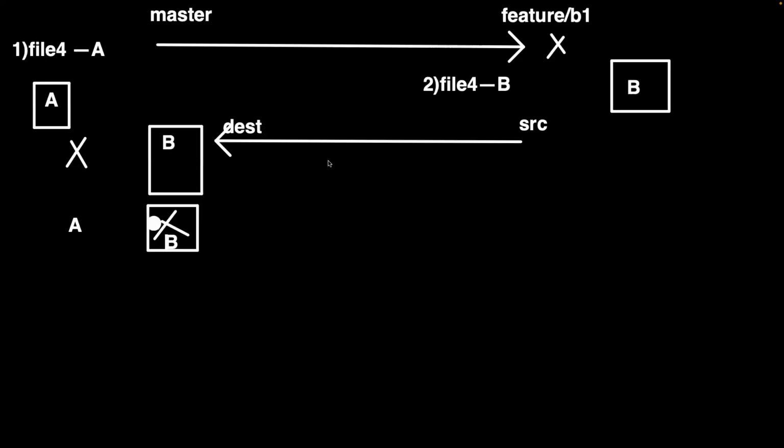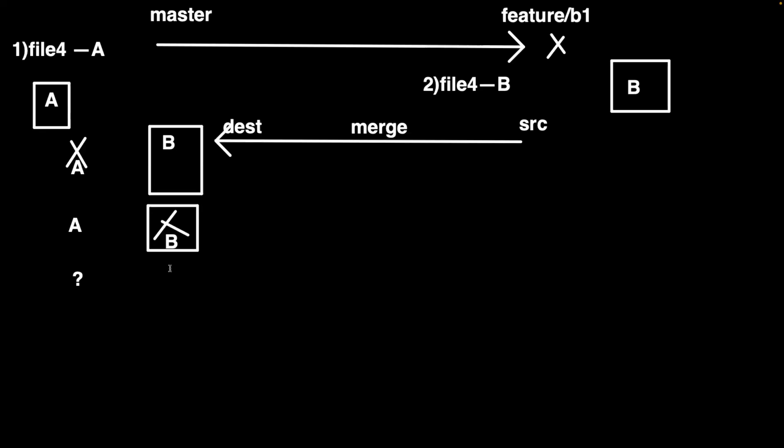So when you are merging, you cannot just override the existing ones, correct? At the same time, you cannot ignore the incoming changes. Incoming changes means whichever coming from source branch. So Git has a confusion which changes to keep.